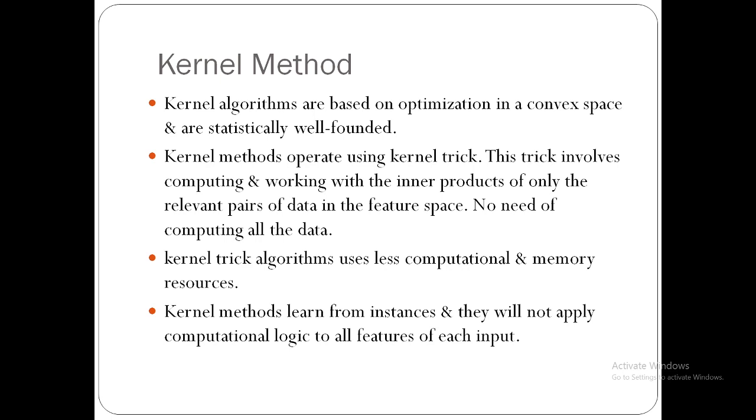They do not apply some standard computational logic to all the features of each input. Instead, they remember each training example and associate a weight representing its relevance to the achievement of the objective. This is also known as instance-based learning.